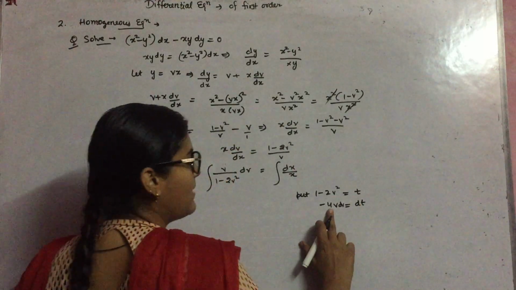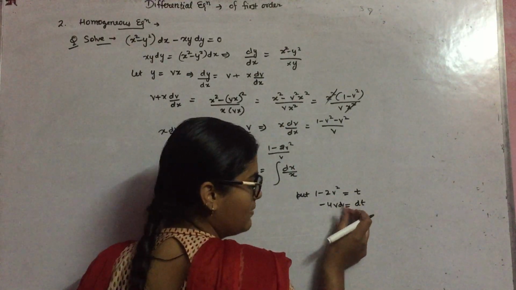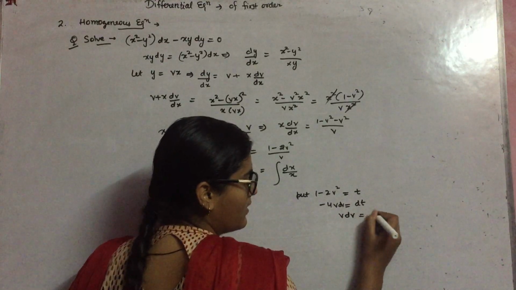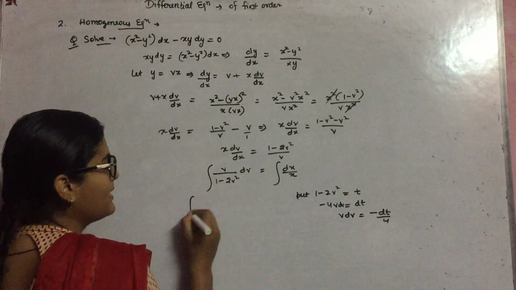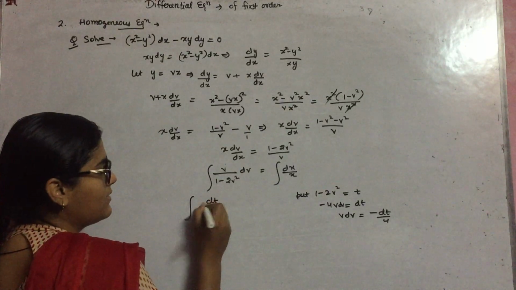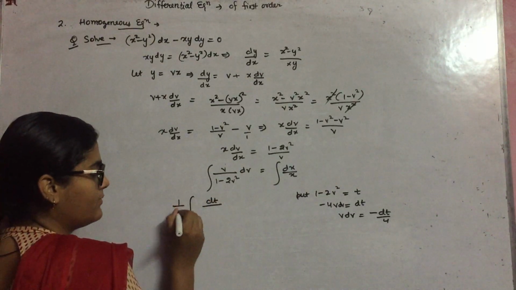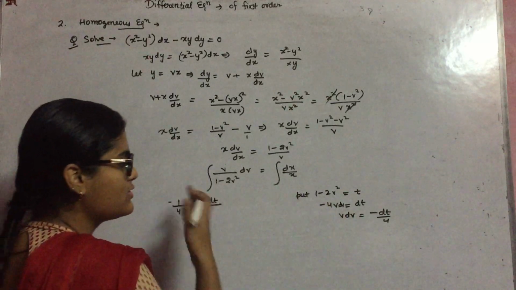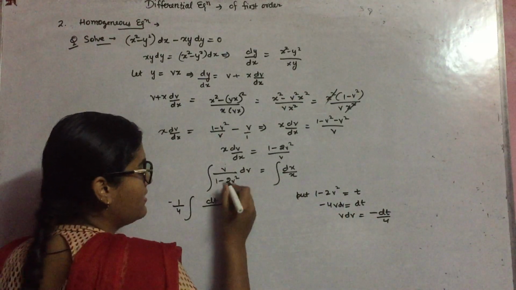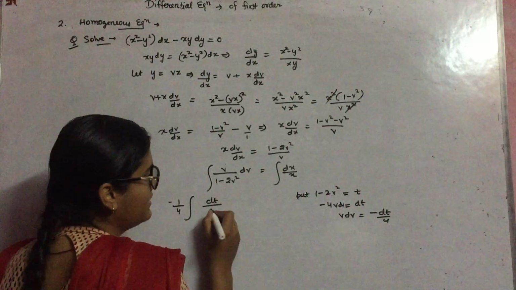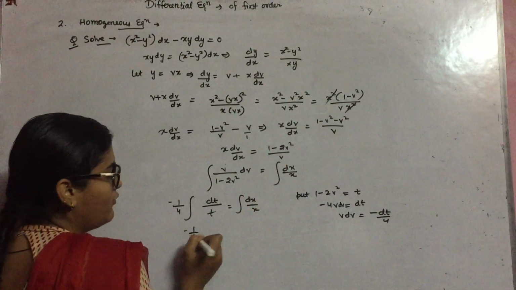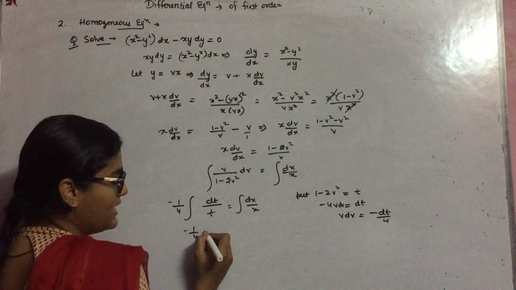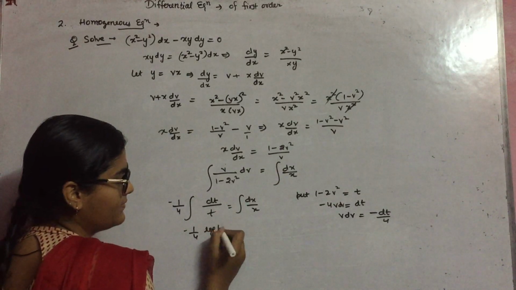So dt becomes minus 4v dv, meaning v dv becomes minus dt by 4. Minus 1 by 4 is a constant, so we take it out. And in the denominator it is t. So minus 1 by 4, 1 by t. The integration of 1 by t is log t.